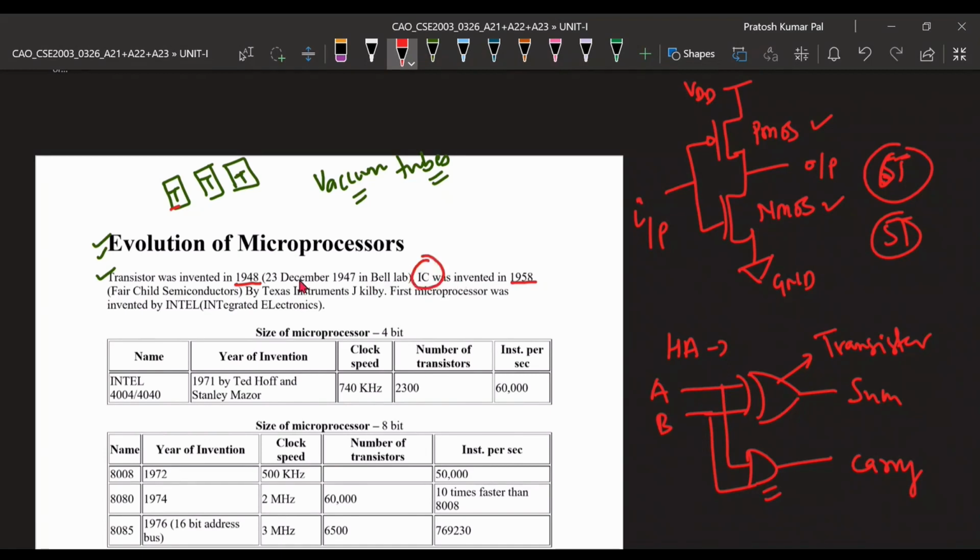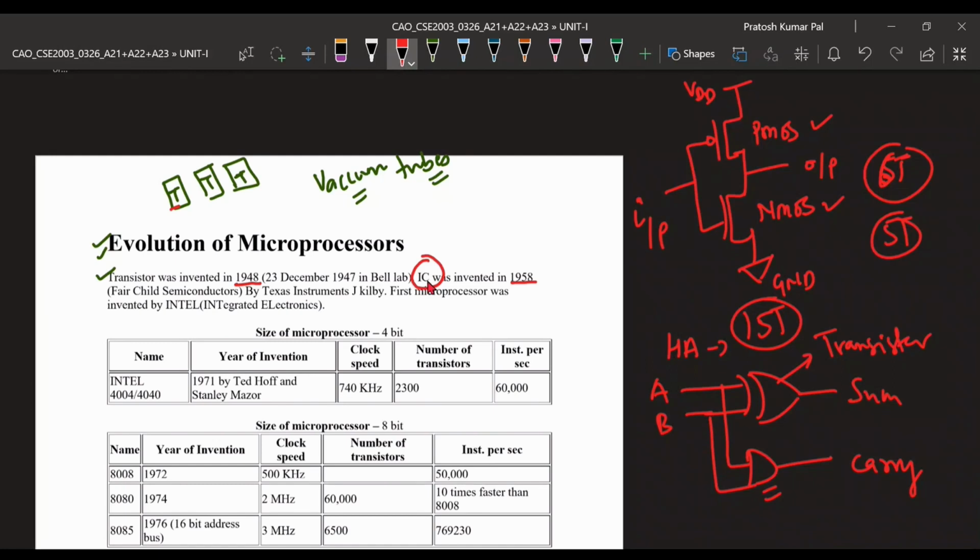ICs make our life much easier while fabricating a processor. Suppose this half adder has at least 8 transistors, or suppose 15 transistors. With individual transistors, you need to connect all 15 and then you get the half adder.